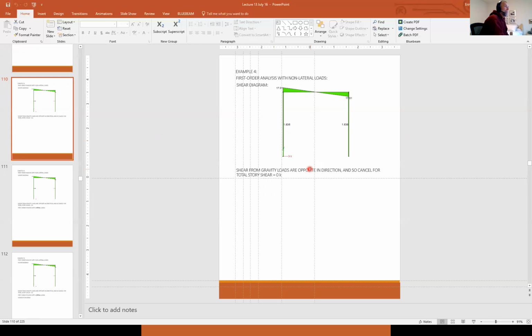So that's what I'm saying. I'm being very clear that for beta dn or beta ds, it is the total story shear, not the shear at one column. So how do you get a sustained story shear when these bending moments cause some column shear, but they totally cancel each other out? What would actually create a sustained story shear?